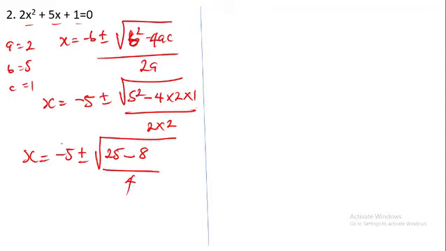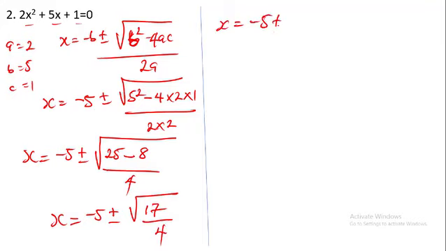Okay, then our x is then equal to minus 5 plus or minus square root of 25 minus 8. What do we have? We have 17 all over 4. Okay, then our x is then equal to minus 5 plus or minus square root of 17 is 4.123 all over 4.